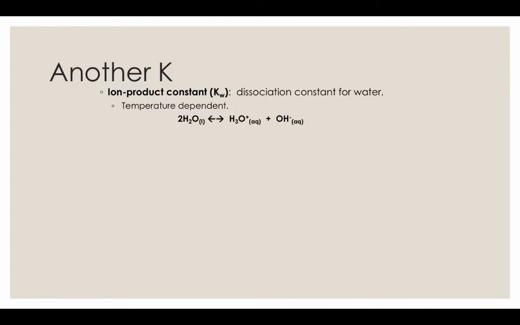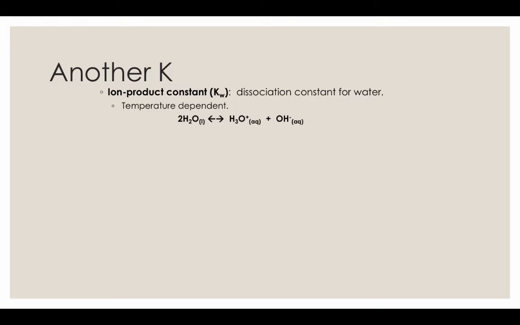Since this is an equilibrium system, we can describe it using a K value. Kw, which is the ion product constant, describes the dissociation equilibrium for water. It's important to note that this is temperature dependent. So from here on out, we'll be talking about Kw at 25 degrees Celsius, which is generally around room temperature.